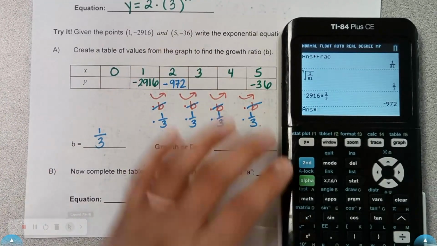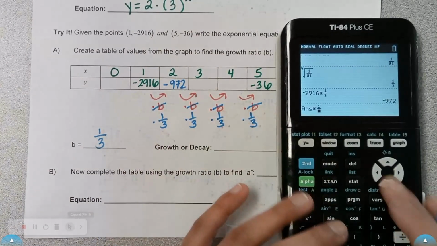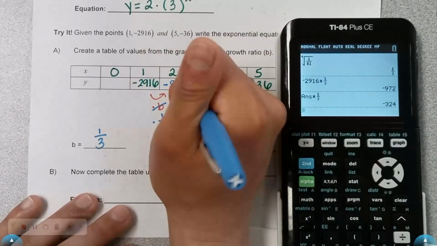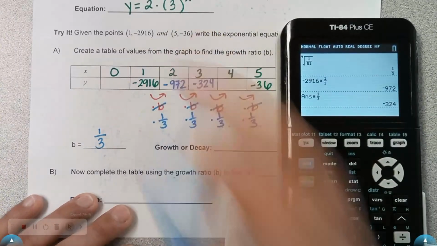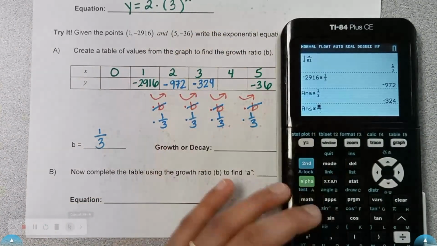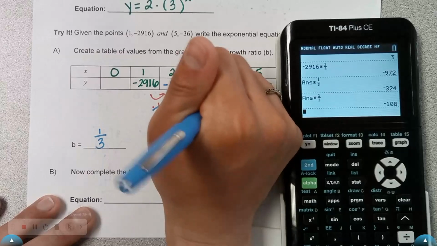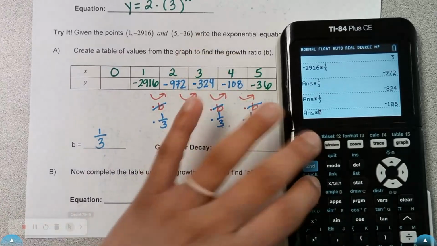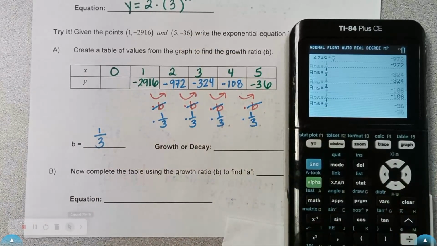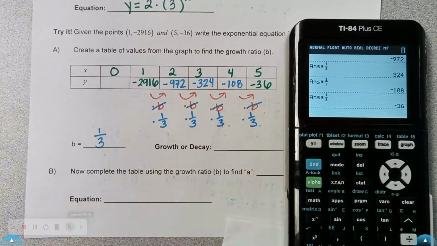Okay, and then I'll multiply that by 1/3. I get negative 324. I'll multiply that by 1/3. That's negative 108. And then I'll multiply that by 1/3. And I get negative 36. So always check to make sure that what you're multiplying by matches the numbers in your table.